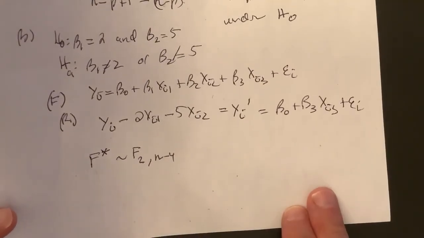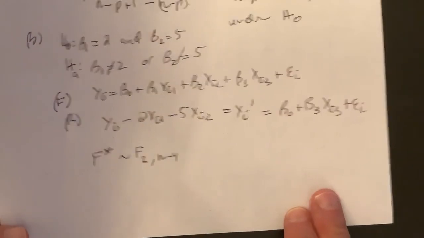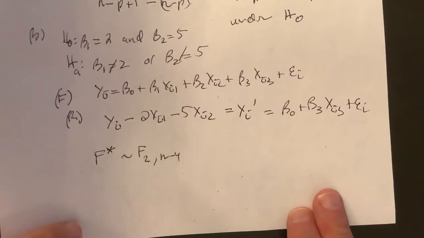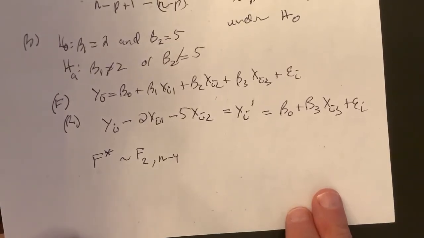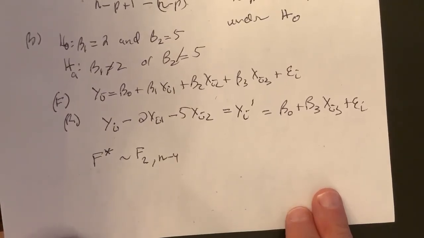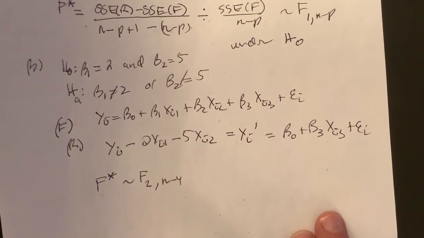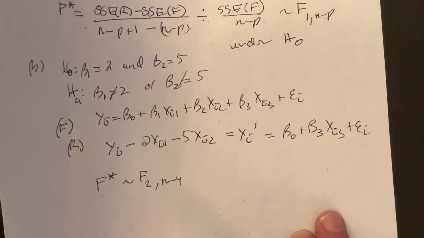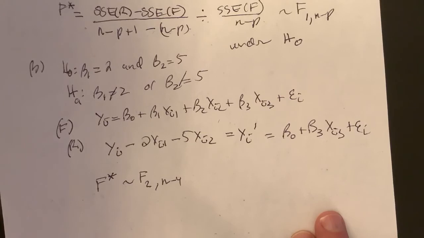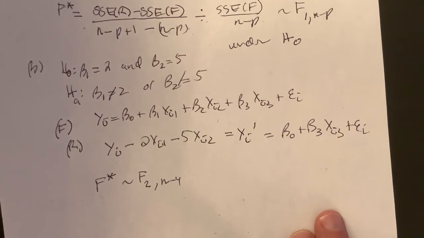So this would be F star, and the full model has how many degrees of freedom? Well, the full model has n minus 4, does that make sense? Yes, because there's beta 0, beta 1, beta 2, beta 3, so that's 4. And then the reduced is 2 more, right?